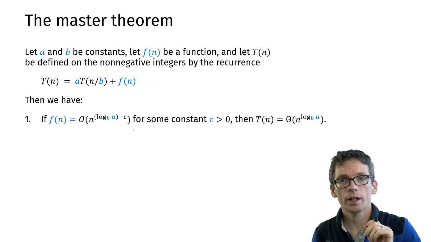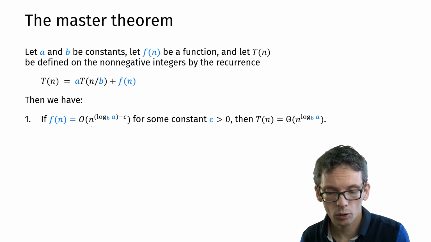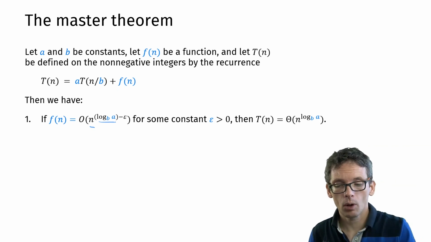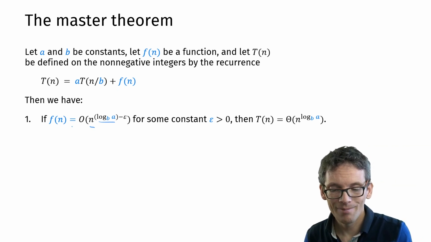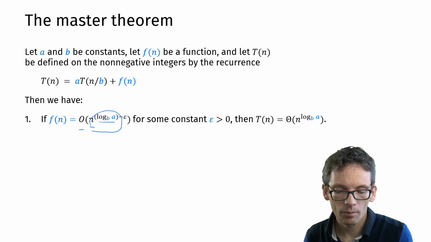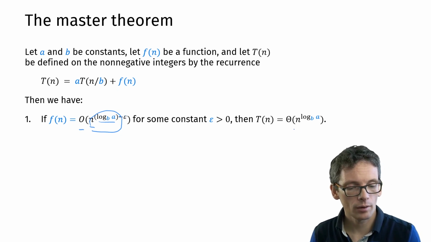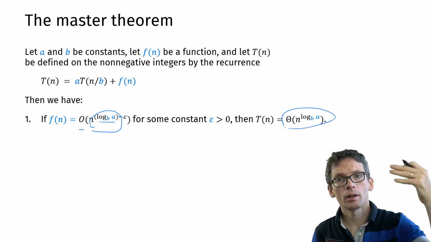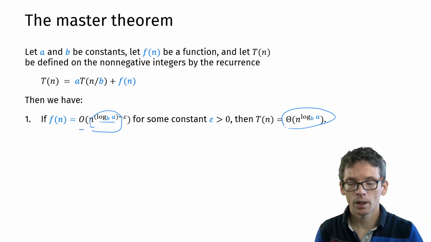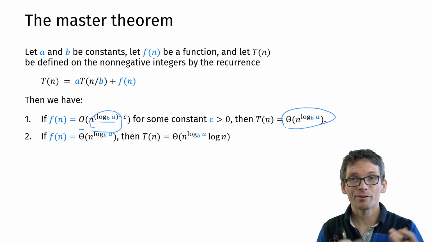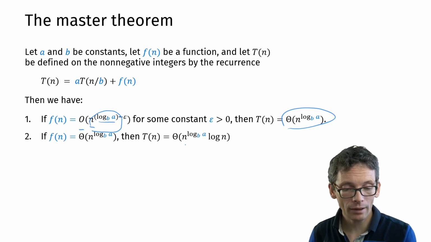If f(n) is small compared to n to the log a base b, and small or grows slowly means that it is of order this minus epsilon in the exponent for some epsilon larger than 0, then as running time, we get n to the log a base b. If f(n) and this n to the log a base b term have the same growth rate, then we actually get this term, n to the log a base b, with an extra log factor.